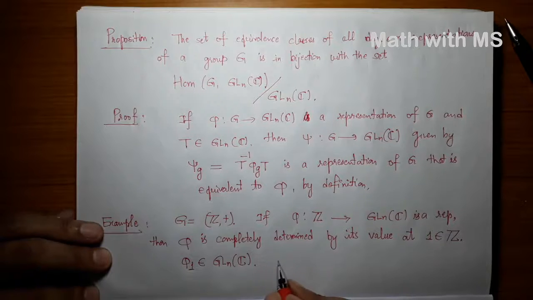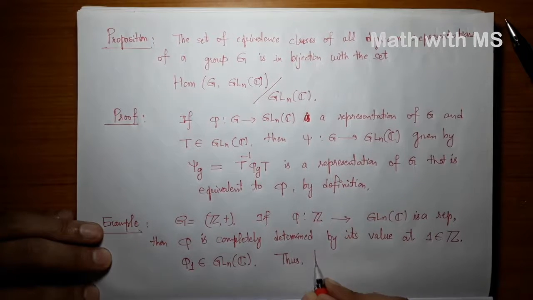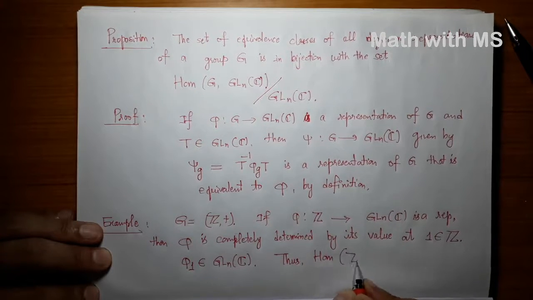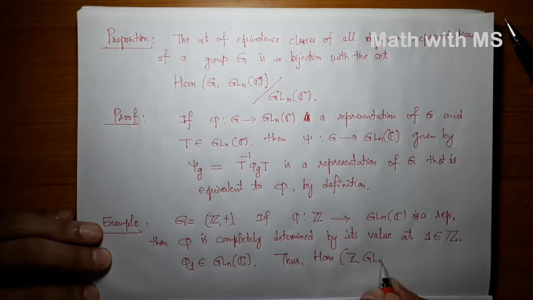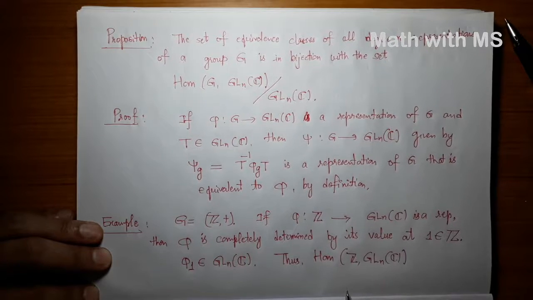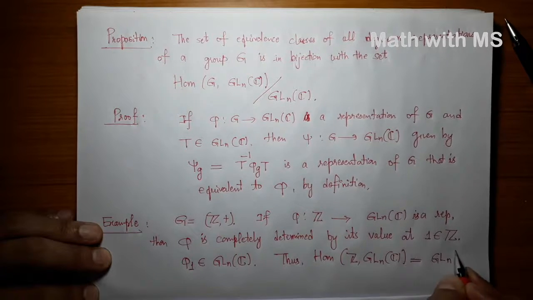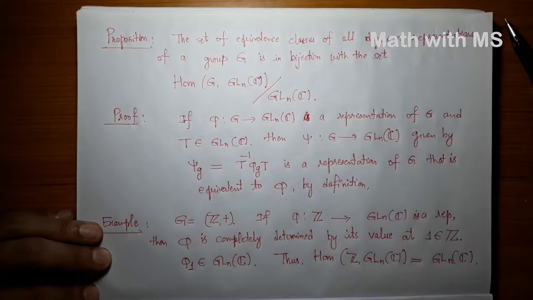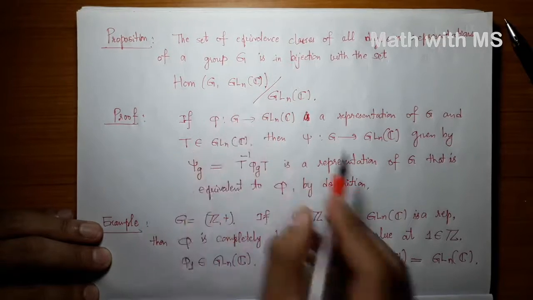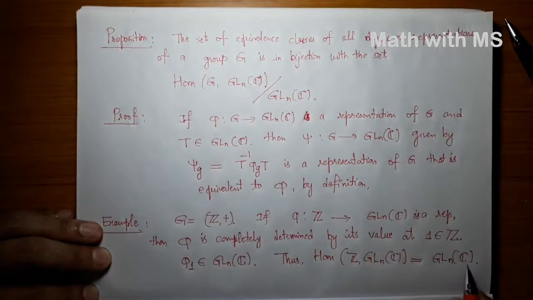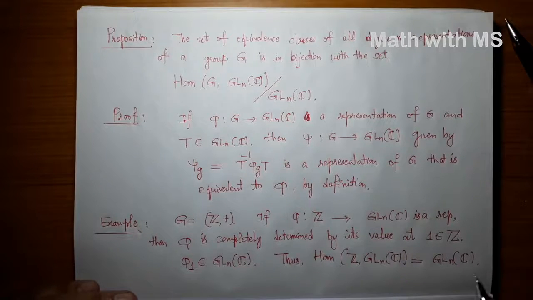Thus, what is this set Hom(Z, GLnC)? It is just the same as the set GLnC, because you could assign 1 to any invertible n by n complex matrix. And then what is the quotient of GLnC by the conjugation action of GLnC on itself? It is precisely the set of conjugacy classes of GLnC.